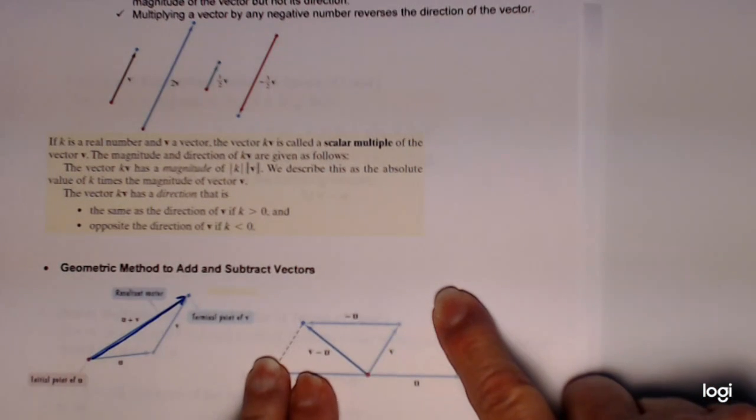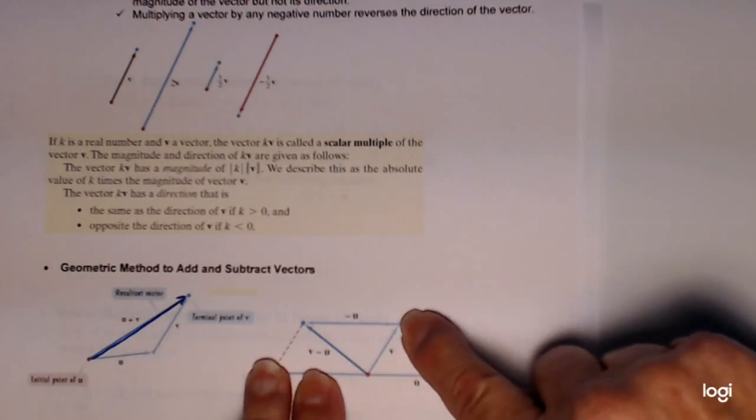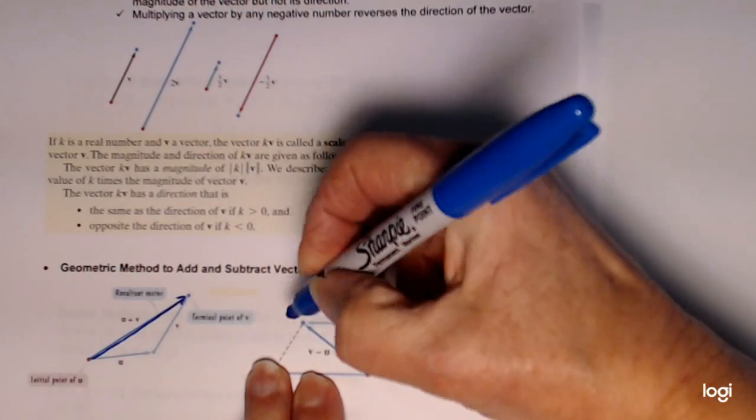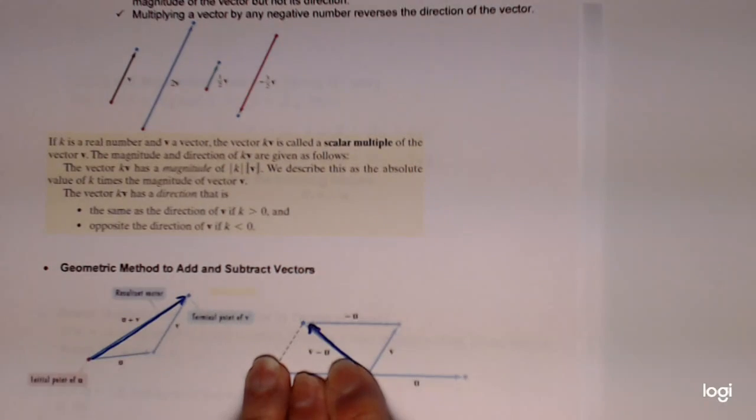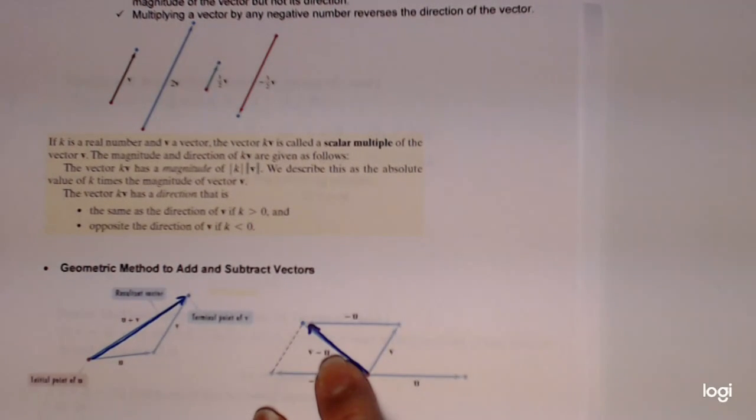And the resultant vector now, this v minus u, is this vector here. So this would be the answer to the subtraction, again looking at this from a geometric standpoint, just to give you an idea of what this means.